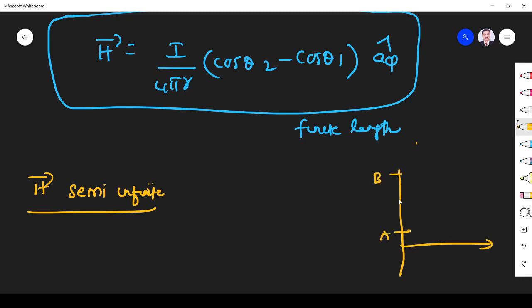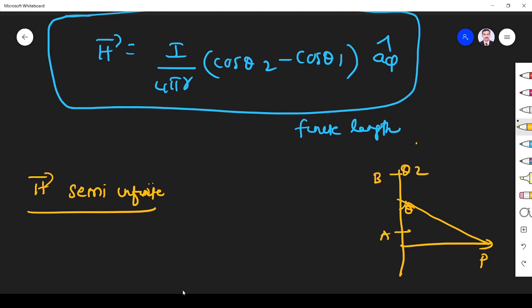This is theta, and we have found a point P here. Now it is semi-infinite. Semi-infinite means this is theta 2 we know, right? This is theta 2, this is theta 1, right?